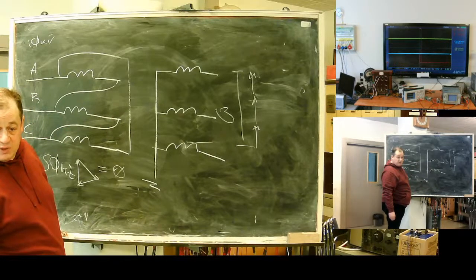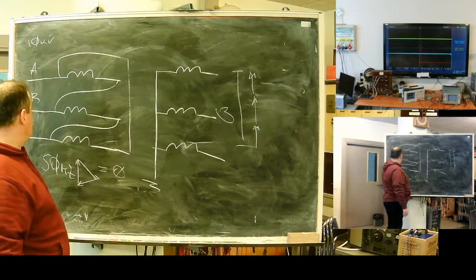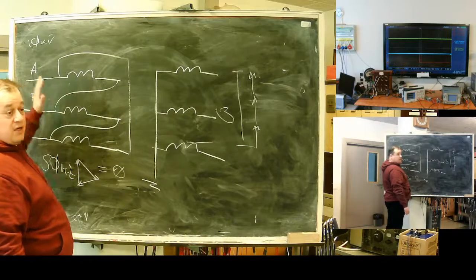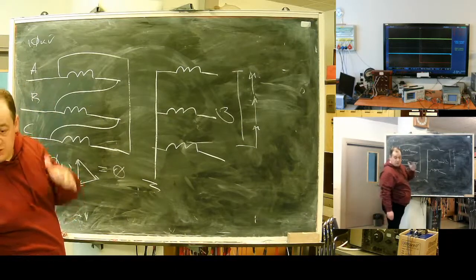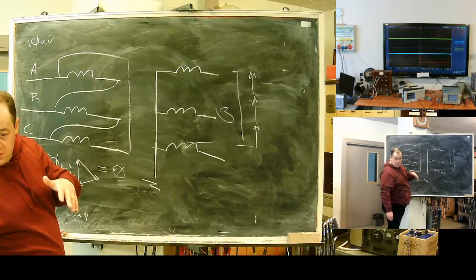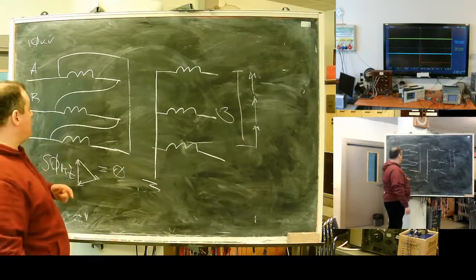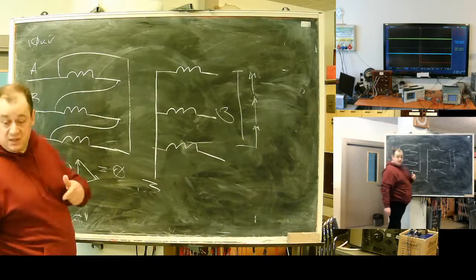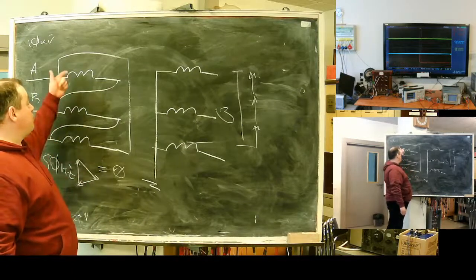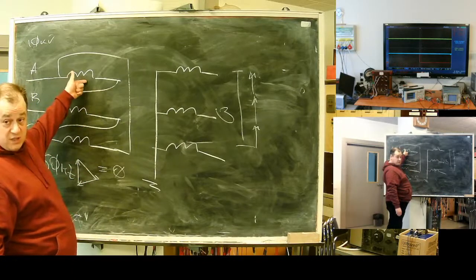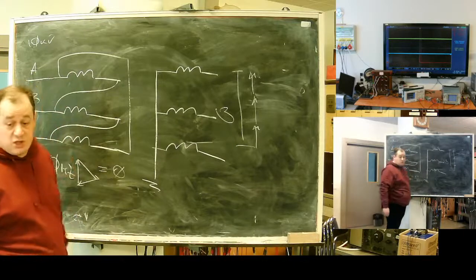And what will happen? We don't have neutral here. At first approach, third harmonic should not appear, and we will see flux of the third harmonic with the minus sign. But at the moment it arrives, we will have induced third harmonic here, inducing a short circuit.